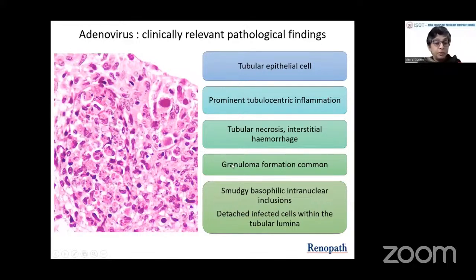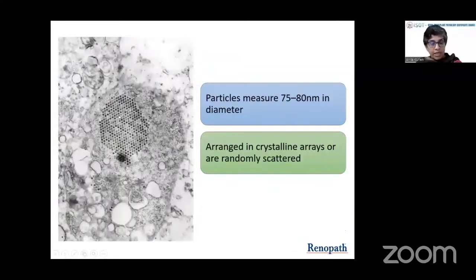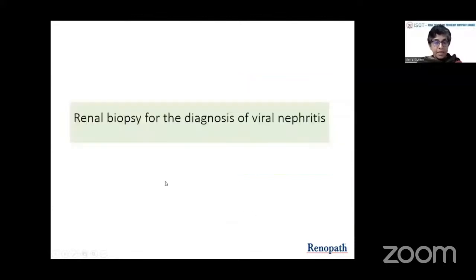Around 75% of the biopsies can show ill-defined granulomas, not like the typical mycobacterial type of granuloma, but very ill-defined. This biopsy did not have that. These smudgy basophilic nuclear inclusions and this detached degenerated cell, this very characteristic appearance, gives you the clue that it is an adenovirus. This is what the EM looks like, very similar to BKV or even a parvovirus.